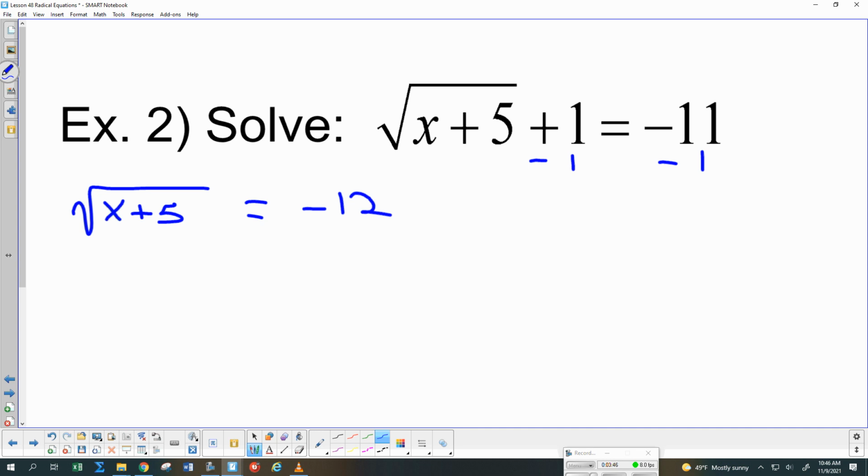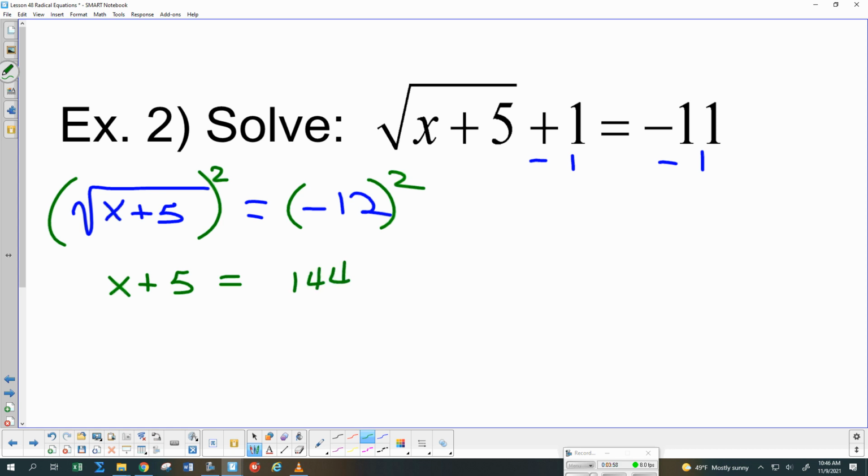Then we're going to square both sides. So we have x plus 5. What's negative 12 times negative 12? So 144. And then we need to solve it. So what does x need to be? 139, but then we need to check it.